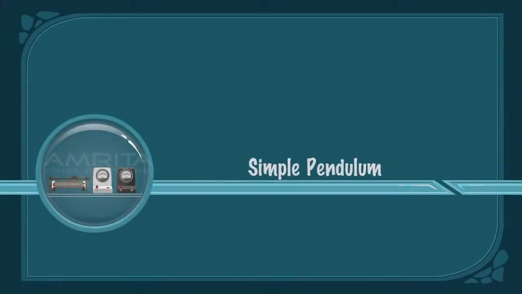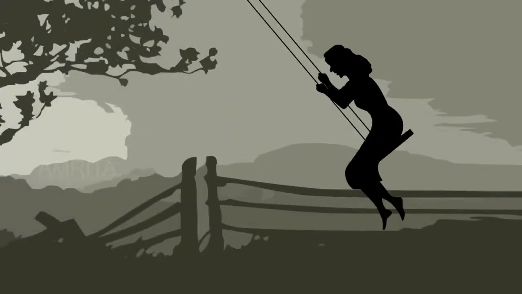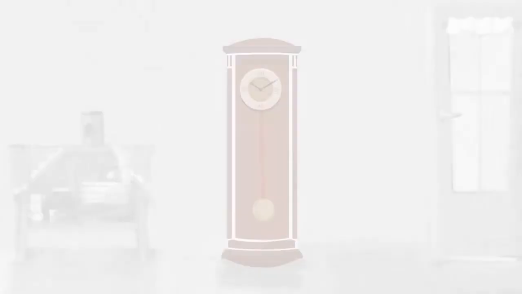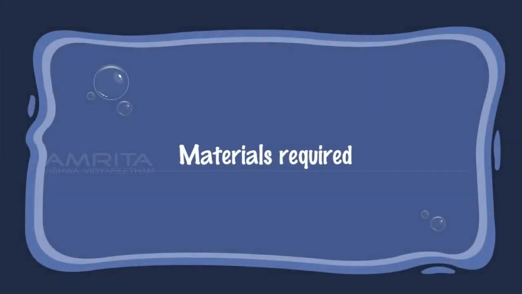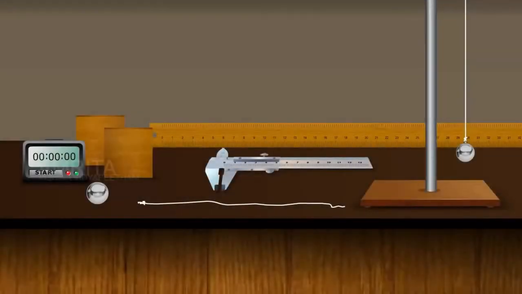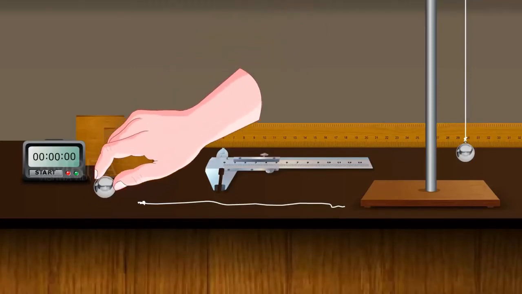Simple pendulum. The motion is beautiful to witness and wonderful to understand. Materials required: a small bob, cotton thread, meter scale, wooden blocks, vernier calipers, stand with a clamp, stopwatch. Let's measure the diameter of the bob.